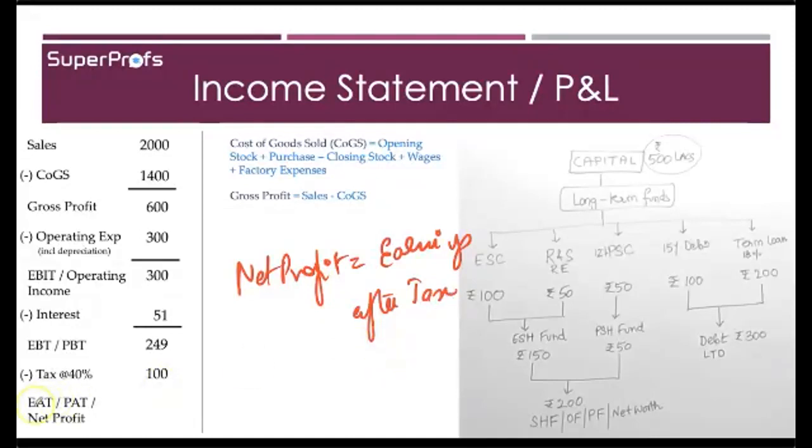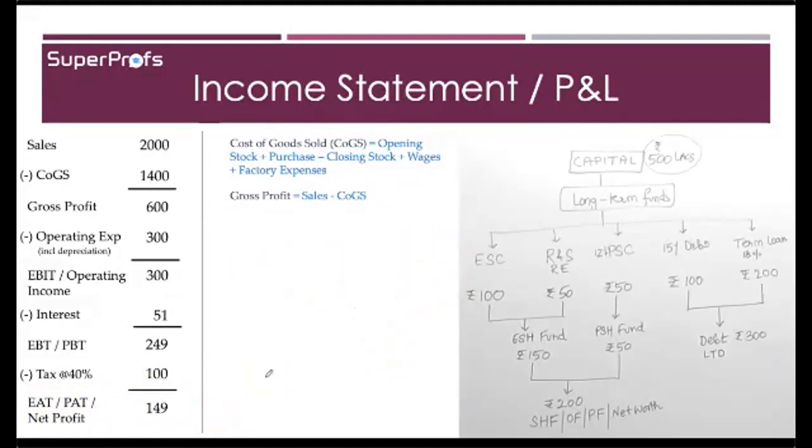Okay, EAT or PAT, that is your net profit, and in this example, it is 149 lakh rupees. Okay, your net profit is earnings after tax or profit after tax, and you calculate this by deducting the tax component from the EBT or PBT.